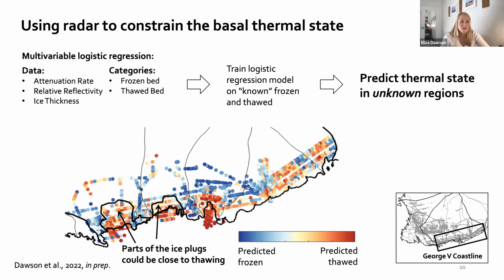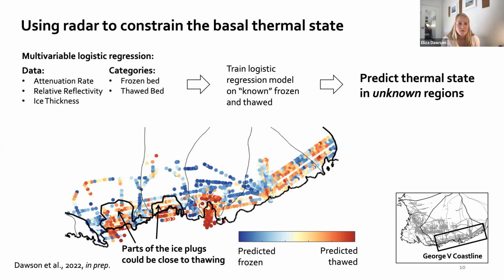Here you can see, along the coast, what this data set is predicting in terms of where the bed is likely frozen or more likely thawed according to the logistic regression model. I outlined the ice plugs in black here, and you can see that parts of the ice plugs stand out as being in this intermediate, near thawed range, which I think is an interesting result.